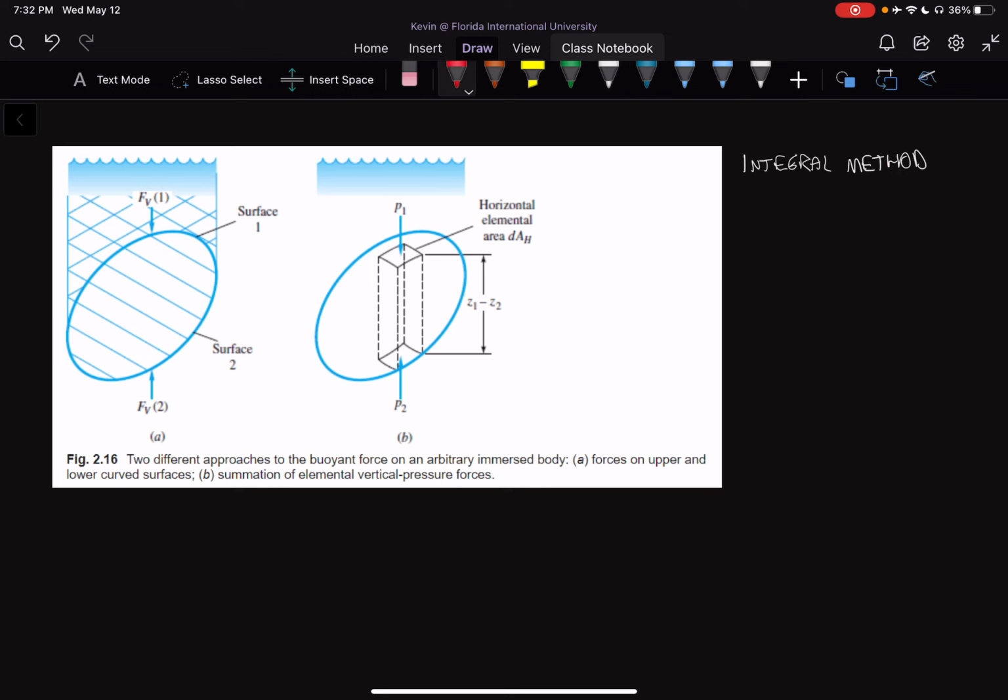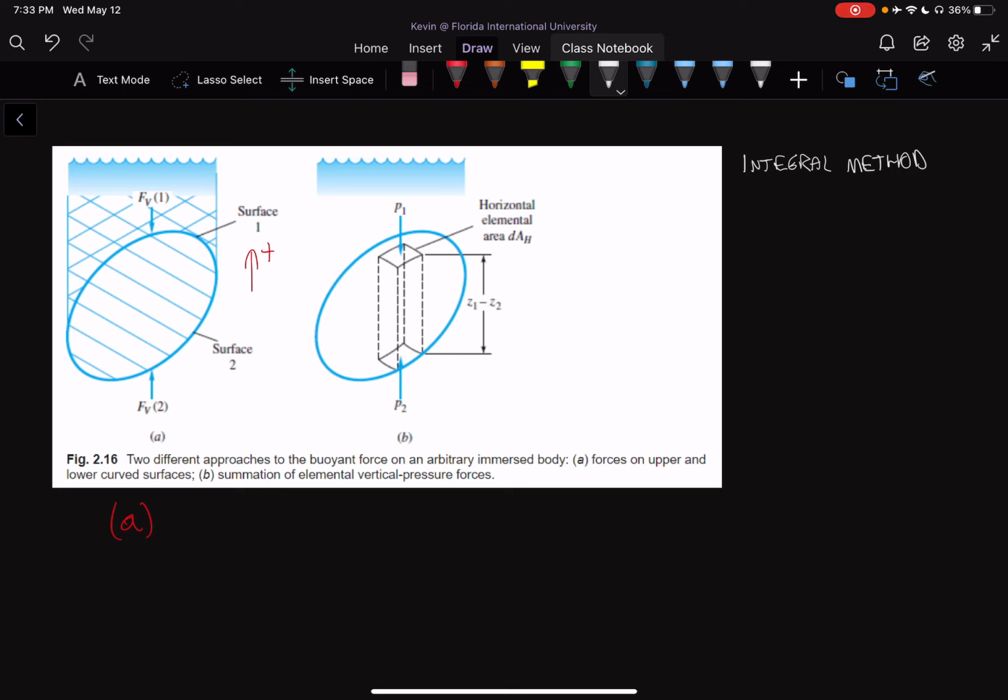So once again, we're going to take that positive is going upwards. If we look at part A, which is on the left side, it says two different approaches to the buoyant force on an arbitrary immersed body. On the left side, we see that we have a surface 1 and a surface 2, a surface somewhere inside water at the top and then a lower curved surface.